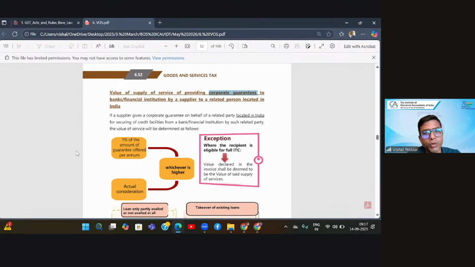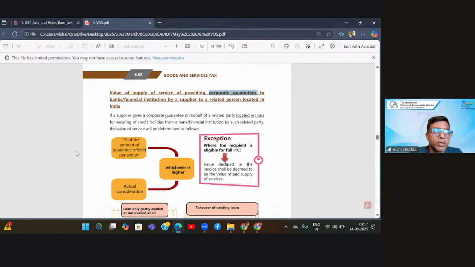So understand students, what is this corporate guarantee? Corporate guarantee is where for a corporate, like a company like me, I am taking a loan and somebody is giving a guarantee for this. Now, this guarantor, if that guarantor is my holding company or my director, obviously they are not charging me any charges or fees generally. Why? Because they are doing it because I am their company only.